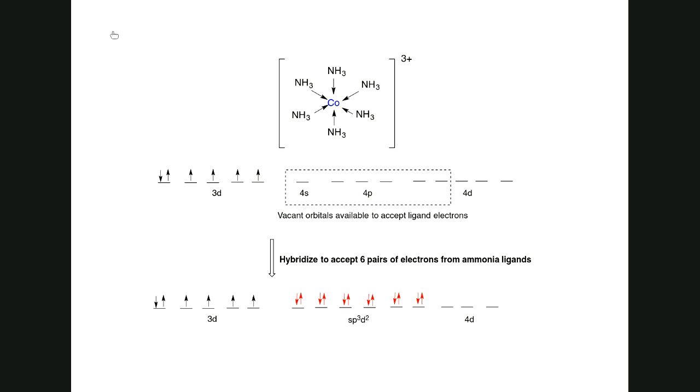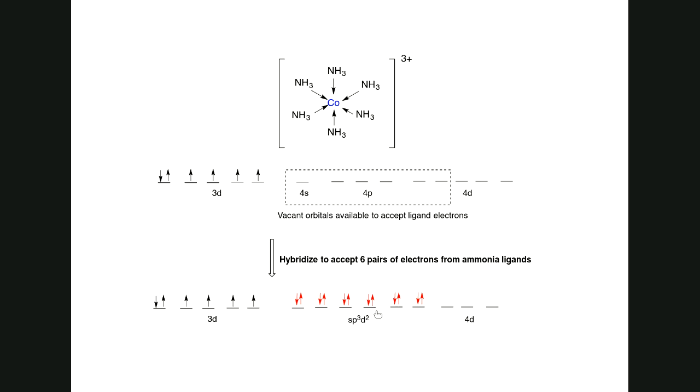Just like when you did methane in organic chemistry and you saw hybridization of an s and 3 p orbitals give you sp3 orbitals, what happens in this case is that a 4s, 3 4p's, and 2 4d orbitals hybridize to give me 6 new orbitals, sp3d2 orbitals. And it's into these orbitals that those 12 electrons from ammonia are going to go.